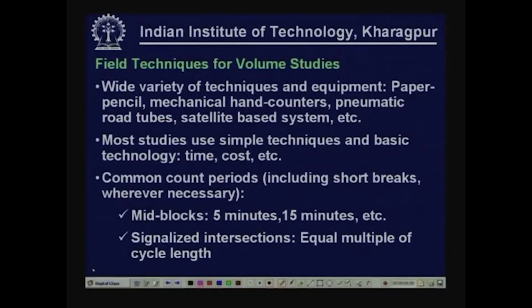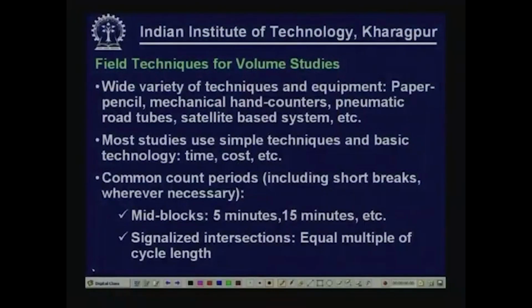Coming to the field techniques for volume studies, a wide variety of techniques and equipment are available, starting from the very crude or very simple way of doing it to using very sophisticated equipment and advanced technologies.